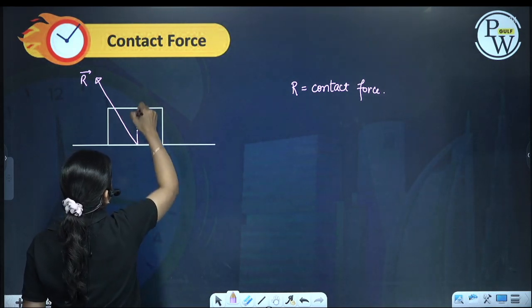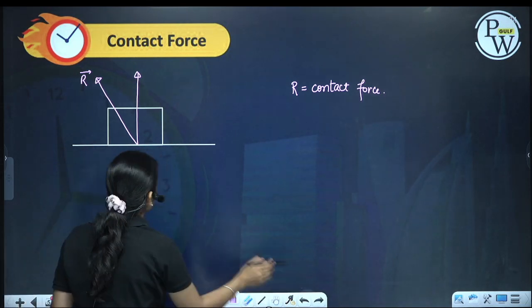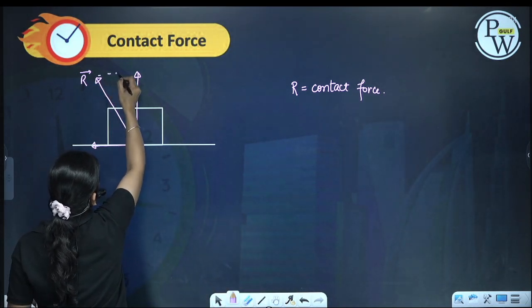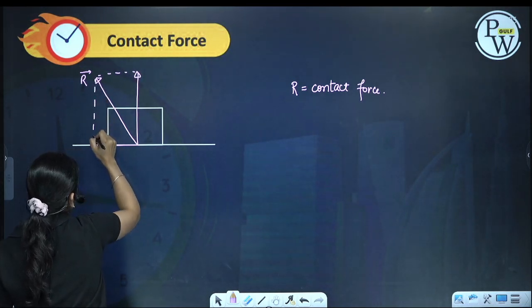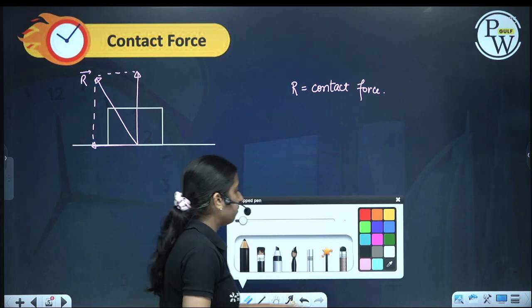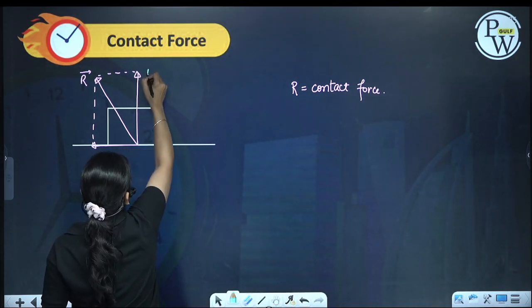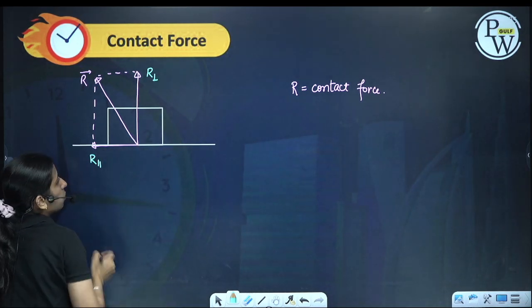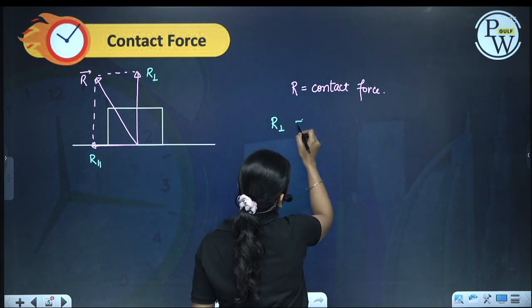Now if we resolve this force into two components, one will be perpendicular and one will be parallel to the surfaces in contact.